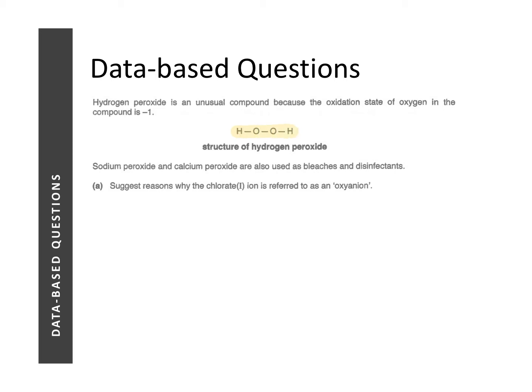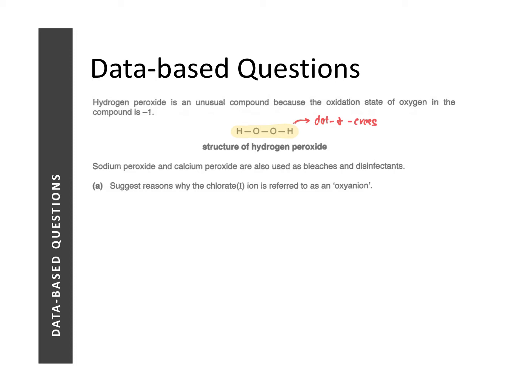Once again, even though this is not tested in this particular question, we could have easily asked you to draw the dot-and-cross diagram for hydrogen peroxide, and it is a rather simple question if you can just refer to the structure of hydrogen peroxide that's given.